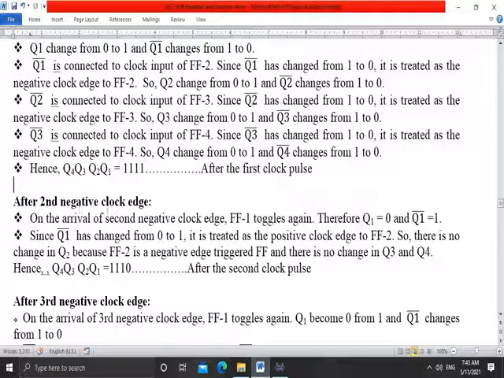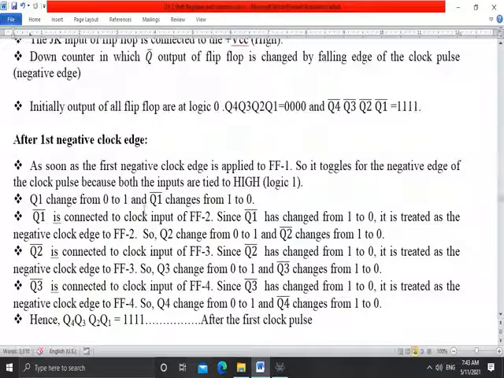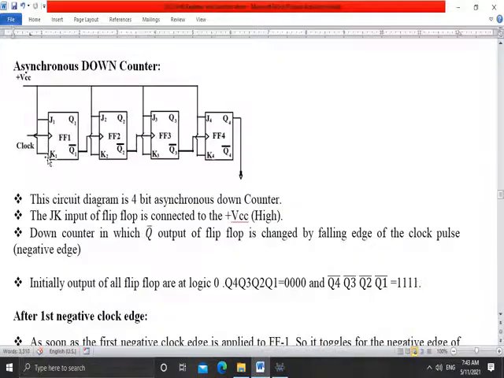At the second negative clock edge, that is, when you apply the clock input again, you have to remember the previous state. Now all Q are 1 and all Q bar are 0.